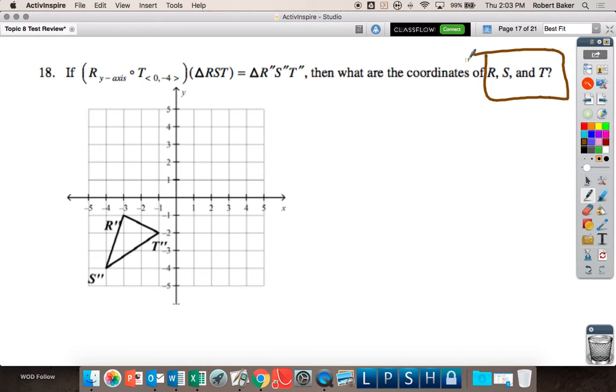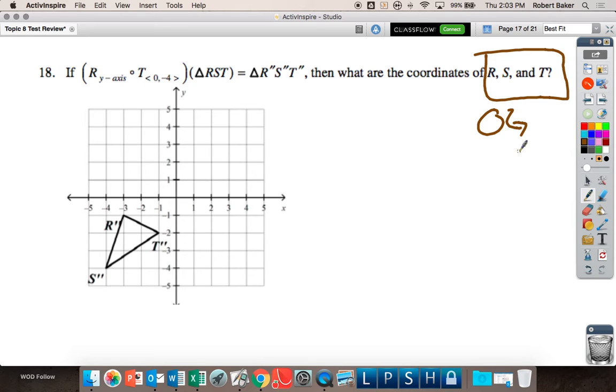Look at that. What is that? That's R double prime. That's after both translations. It wants to know, what are the original figures? Where did this come from? So you have to go backwards to figure it out.